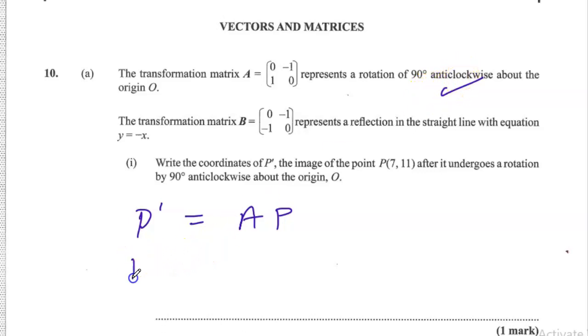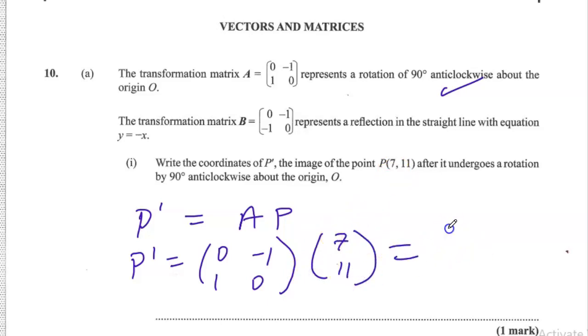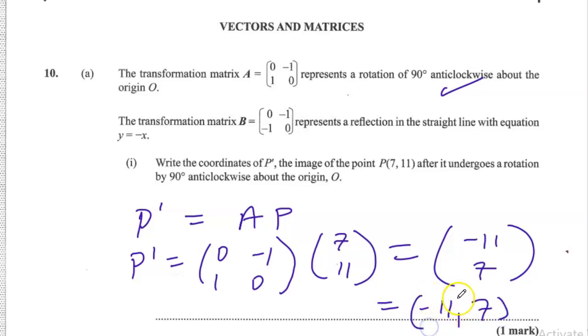So P image will be A, which is 0, negative 1, 1, 0, times the coordinate P, 7, 11. So do this multiplication. 0, negative 1 times 7, 11 is 0 plus negative 11, which is negative 11. And 1, 0 times 7, 11 will be 7 plus 0, which is 7. So the coordinate would be negative 11, 7.